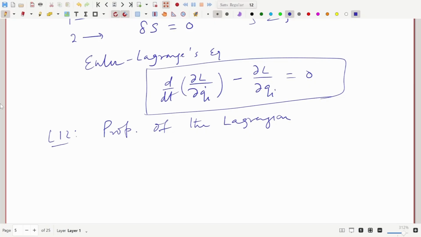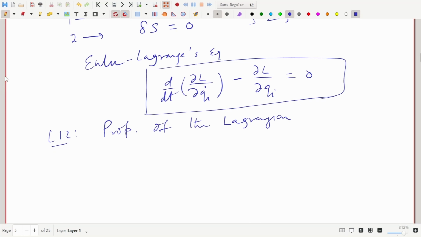You can also construct the Lagrangian of a combined system. If you have two isolated systems, the Lagrangian of system A plus the Lagrangian of system B gives the combined Lagrangian. If the systems interact among themselves, then you take the Lagrangian of the first system plus the Lagrangian of the second system plus the Lagrangian of the interaction. In this way you can find the Lagrangian of a system.